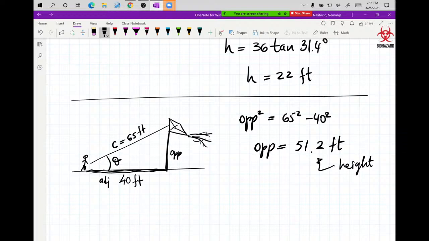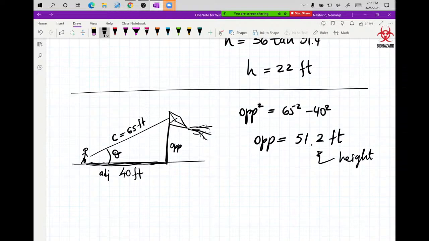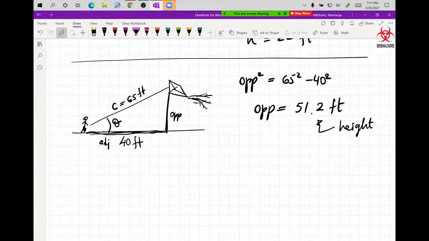And it's really cool that we can calculate that. And then the angle. Well, now that you have all of these dimensions, literally pick any of the three trig functions, because you have all of the sides. And then you will have to use the inverse, right, to solve the equation. But let's use the given values, right, these two. So you're using adjacent and hypotenuse.